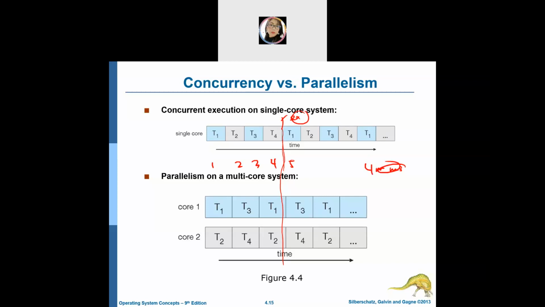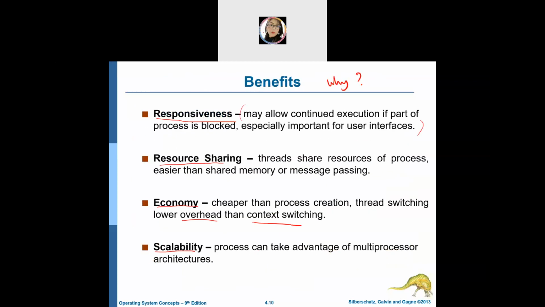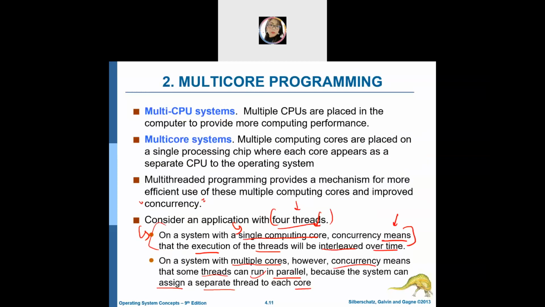If you compare to parallelism on a multi-core system, for example in your machines, you are having 2 cores, core 1 and core 2. So the statement mentioned here is to assign a separate thread to each core.